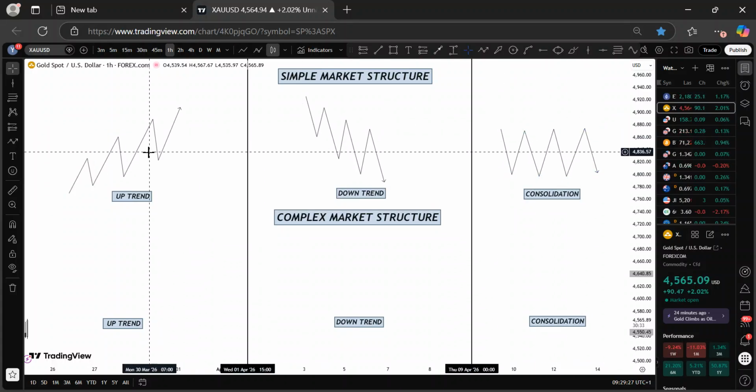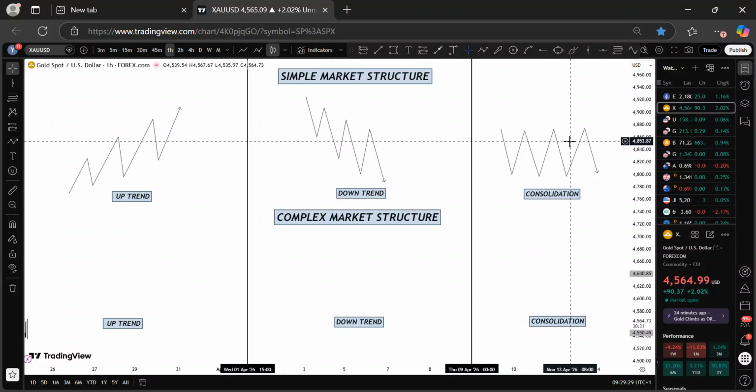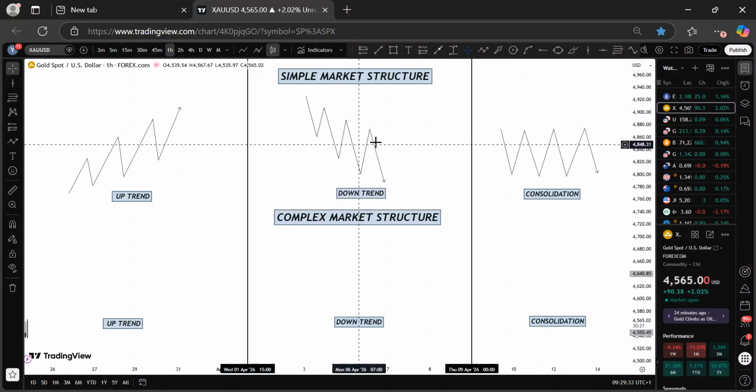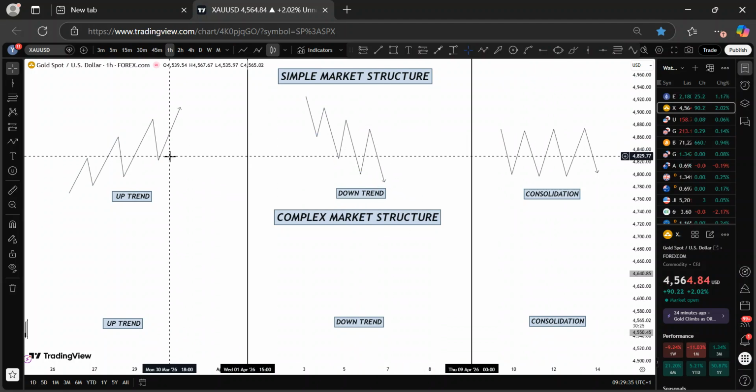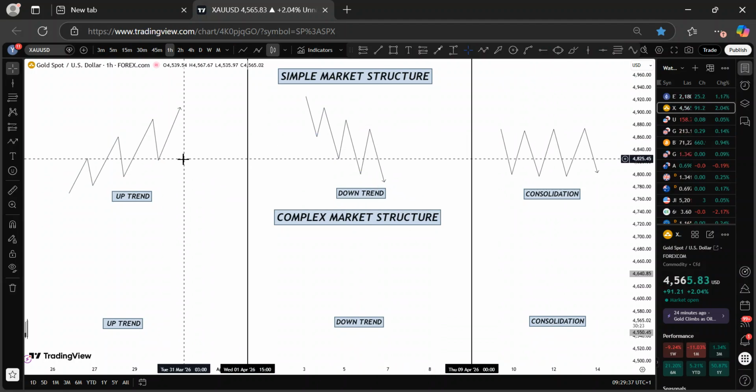So this is what simple market structure looks like. And for the uptrend and the downtrend, you are most likely going to find them on higher time frames.